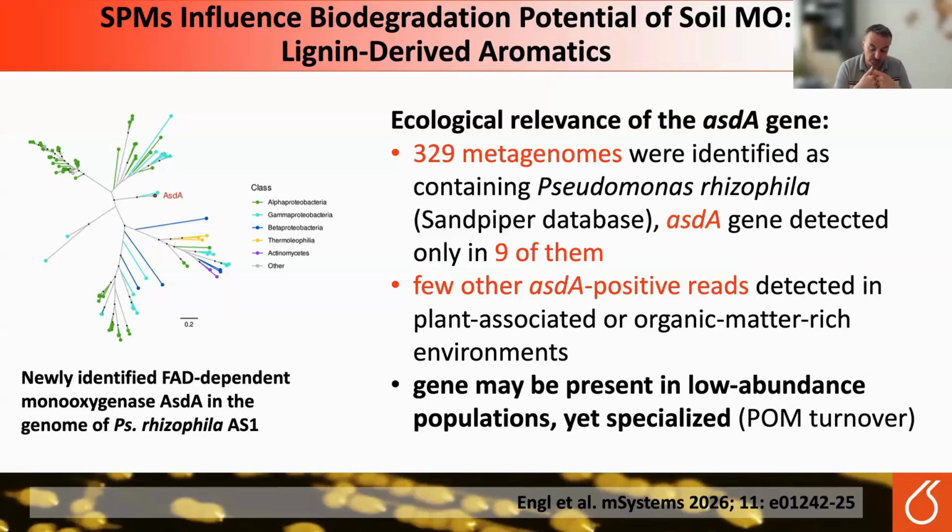Thereby, we came to the conclusion that the gene may be present in soil microbial populations in quite a low abundance. Yet it looks like it is a specialized enzyme for the degradation of, originally probably, acetylsyringone and, fortuitously, also certain pollutants such as trichlorophenol.